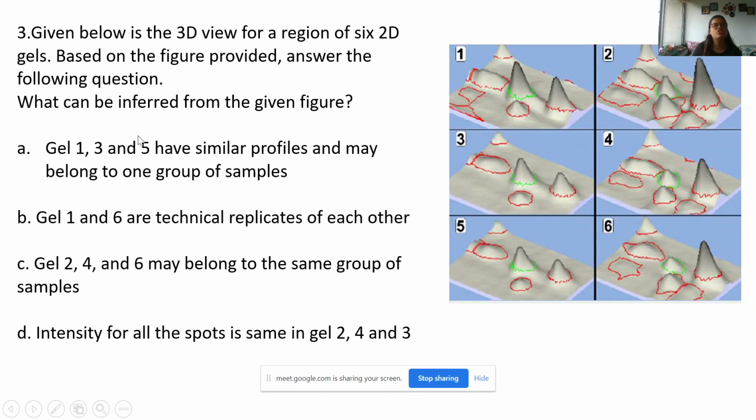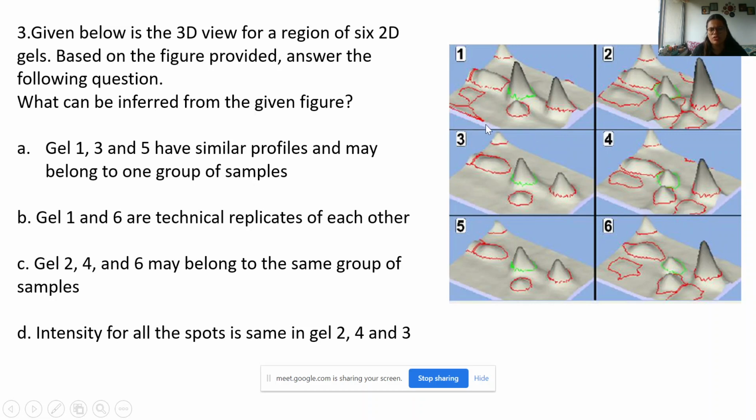Option A is gel 1, 3, and 5 have similar profiles and may belong to one group of samples. Okay, so let's see gel 1, 3, and 5. If you see the pattern, even this is common in all the three. Even this region is quite similar. This region is also present in this as well as this, and this is unique to this.